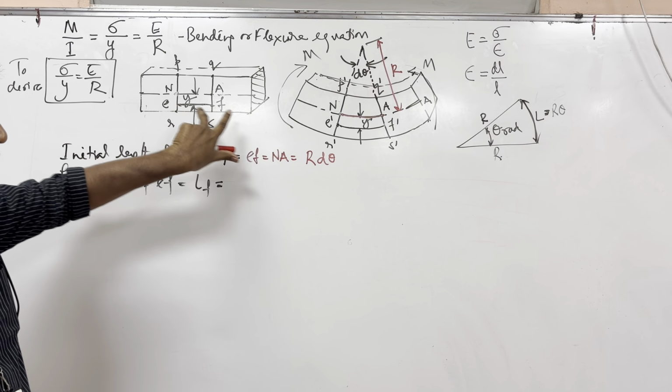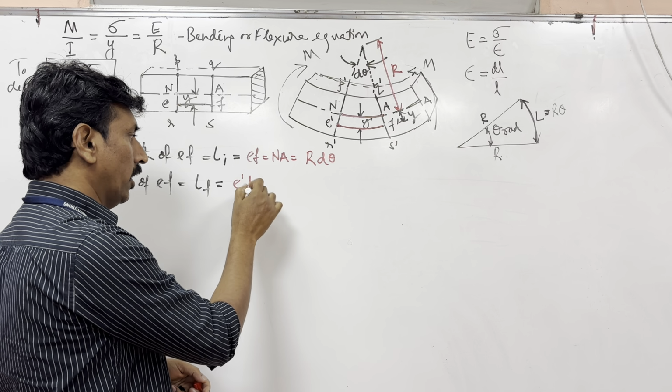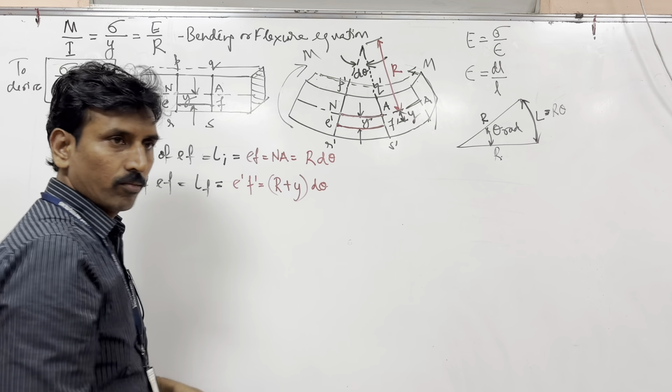Y. Now can you tell me what is the length along this, E dash F dash? So can you tell me in the same lines? R plus y into d theta. So you can write E dash F dash is equal to R plus y into d theta.